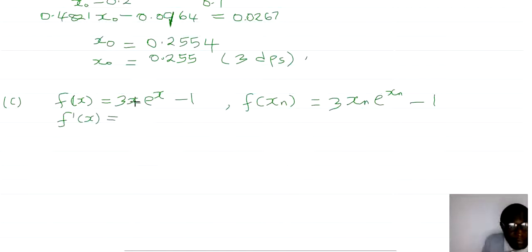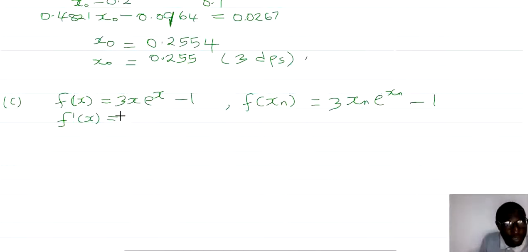Now when you look at this point here, this is having two functions of x. We have 3x and we have exponential x. Or someone can say we have x and exponential x. It's the same thing. Now here, when you are differentiating this, we shall apply product rule from paper 1.